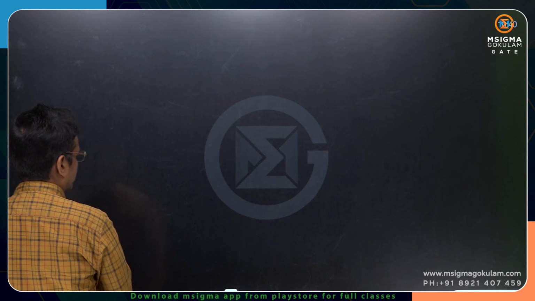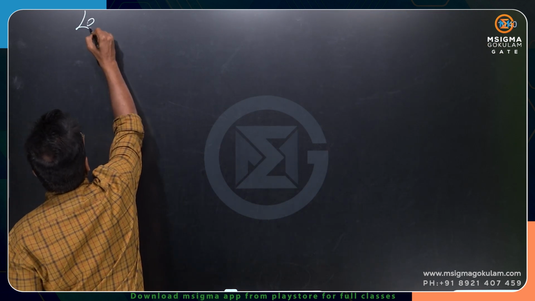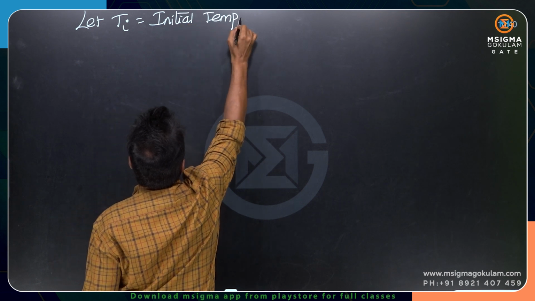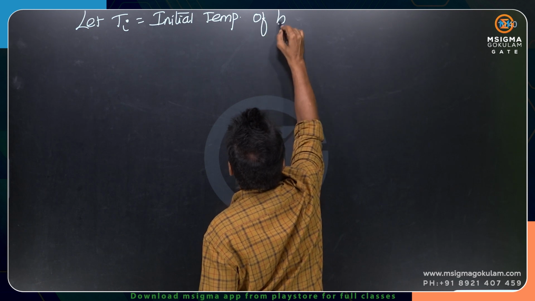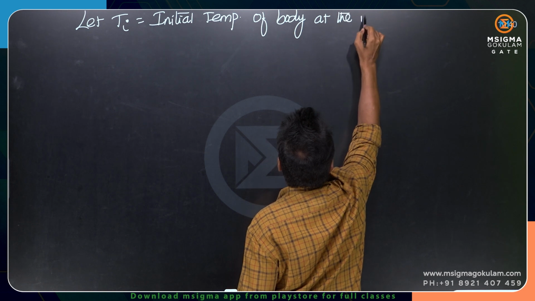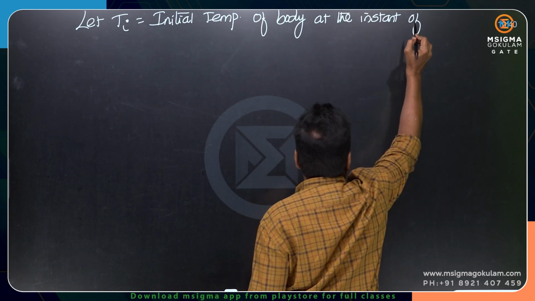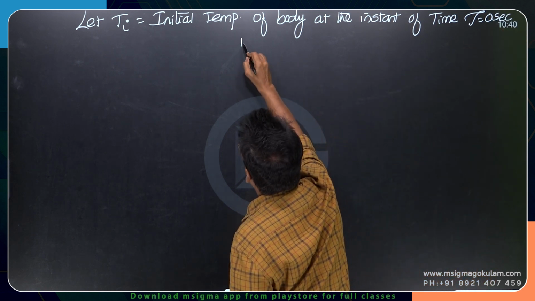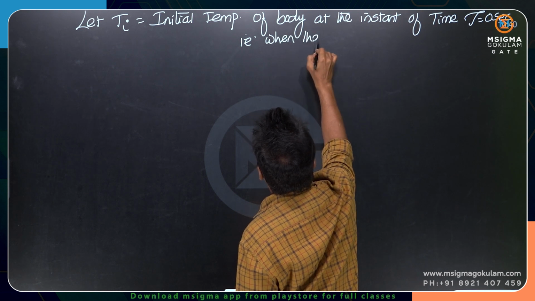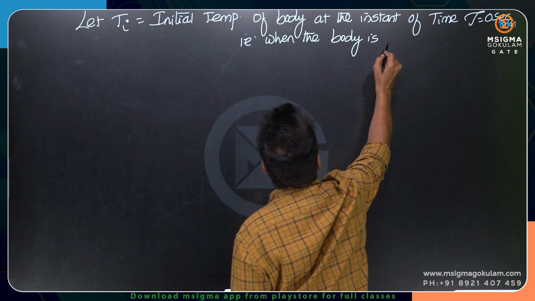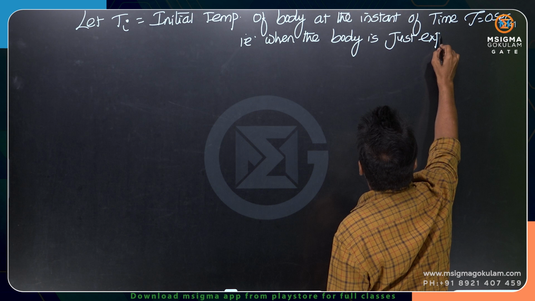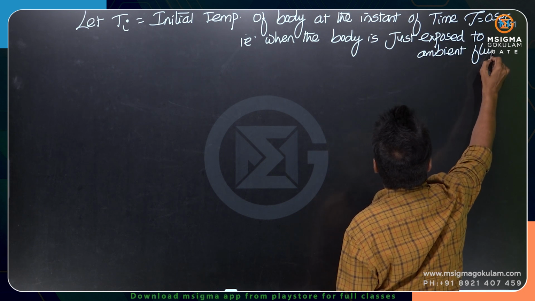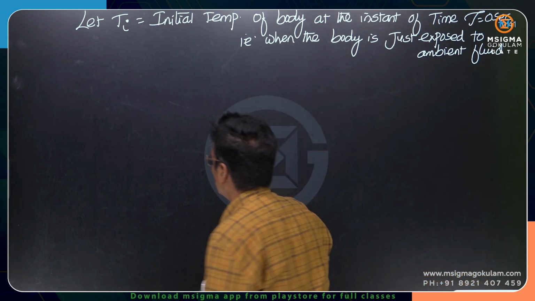Okay, now I write the initial condition. Let Ti be the initial temperature of the body at the instant of time tau equal to 0 seconds, that is, when the body is just exposed to the ambient fluid.